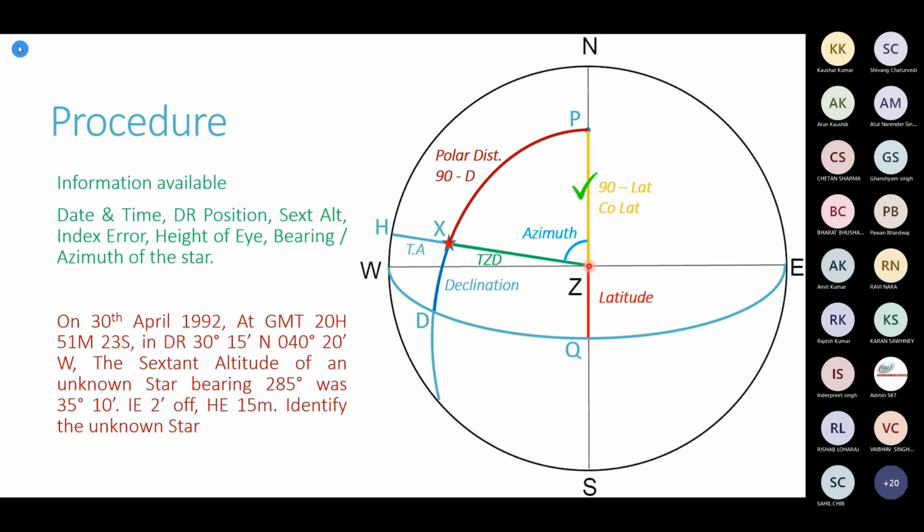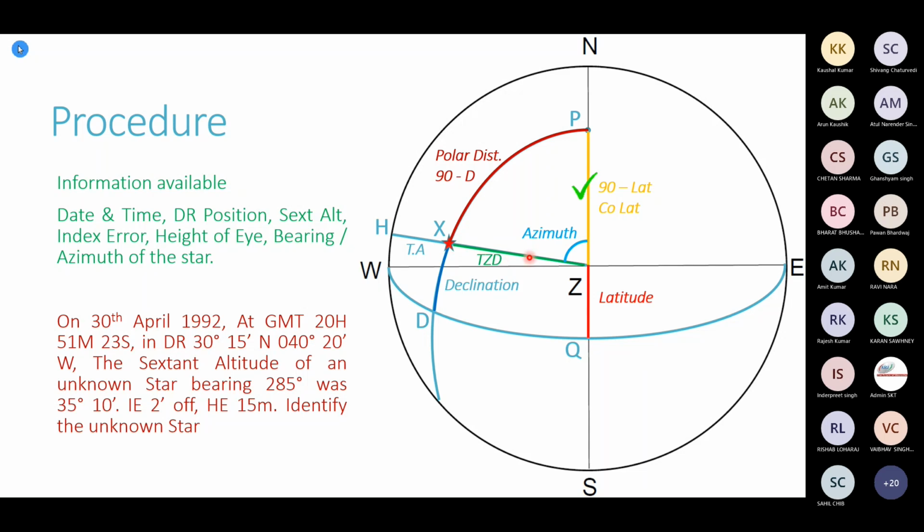Now, if you concentrate your attention on the green side, the ZX side of the triangle, it is the true zenith distance of the celestial body, and we know it is 90 minus true altitude. The question gives us the altitude of the star, though it's sextant altitude, but with index error and height of eye, we can easily correct it and find the true altitude. So once true altitude is obtained, the TZD is also obtained as 90 minus true altitude of the body.